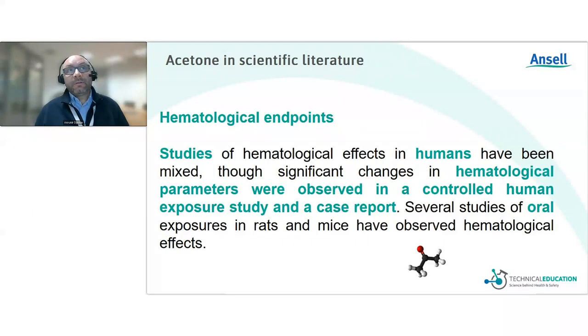Hematological endpoint, same. Some studies of hematological effects in humans have been mixed, though significant changes in hematological parameters were observed in a controlled human exposure study and a case report. Several studies of oral exposure in rats and mice have observed hematological effects too.